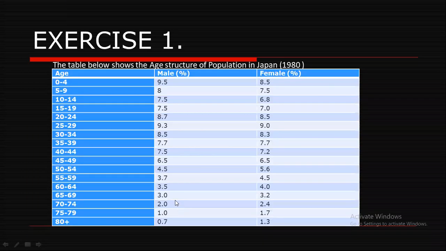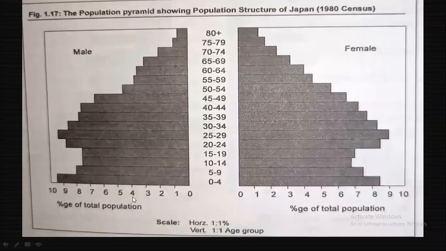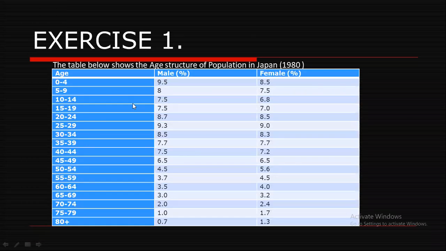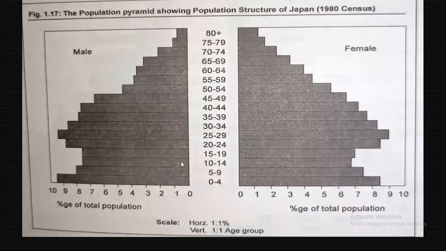Then when we go back, we want to represent 8. We shall draw another one using a ruler on top of this, that is 8. For another one, between 10 and 14, it is 7.5.